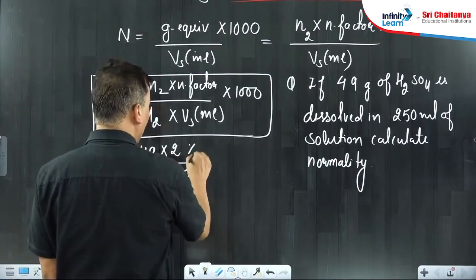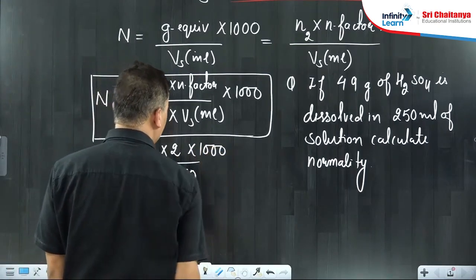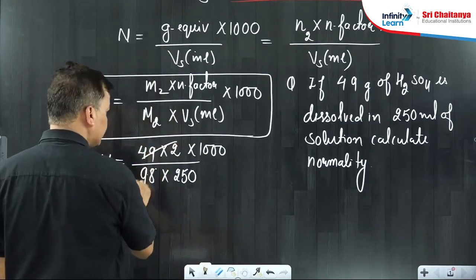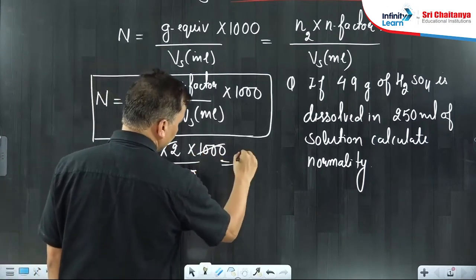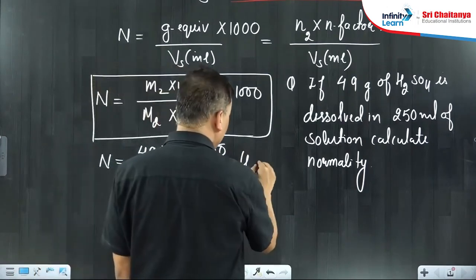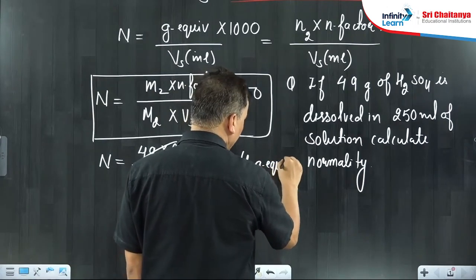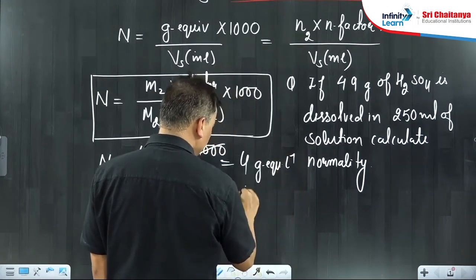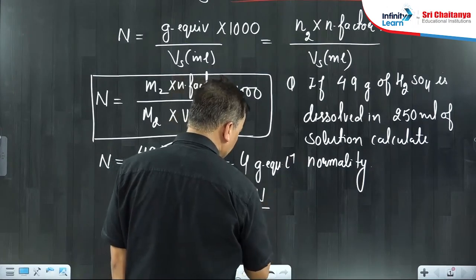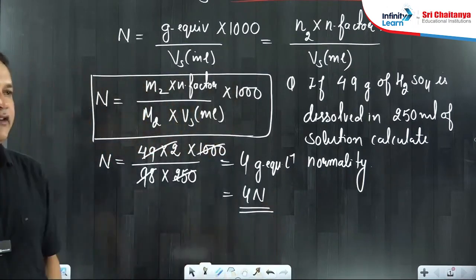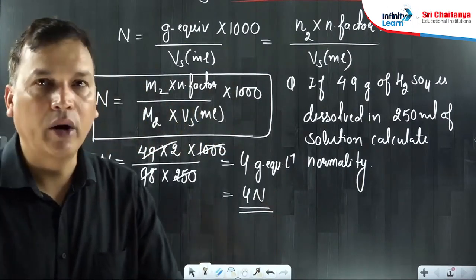Then this volume has to be converted into liters. You got it or not? Please tell me. 4 gram equivalent per liter, that is equal to 4 normal.